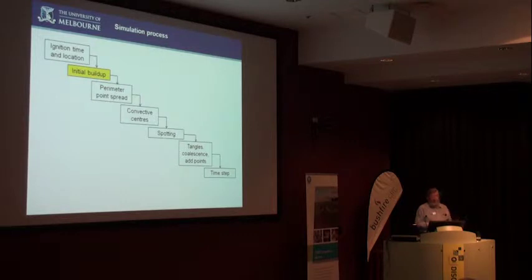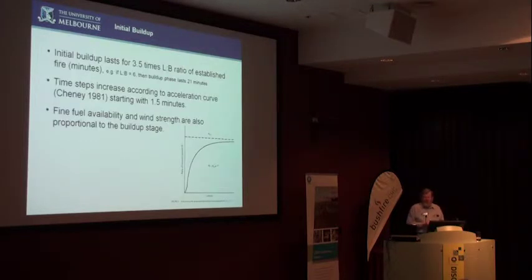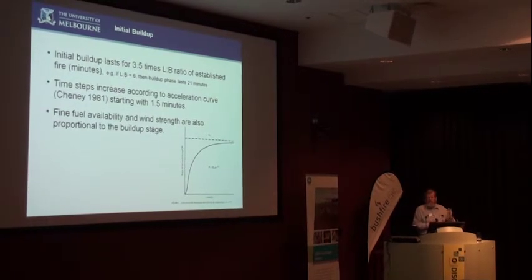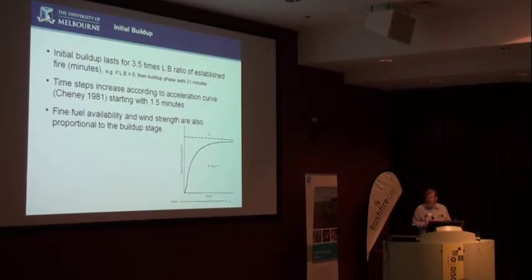The second part of the process really is trying to deal with what Jim has just described, that initial build-up phase. What we do there is look at what the quasi-steady state rate of spread might be, work out the length to breadth ratio for that location, and we have this fairly arbitrary multiplication factor of 3.5 times the length to breadth ratio to give us the length of time we think the fire would take to build up.